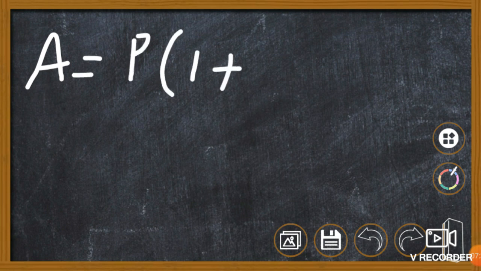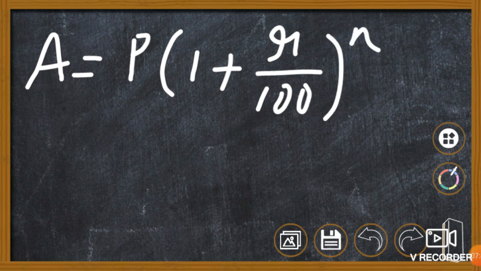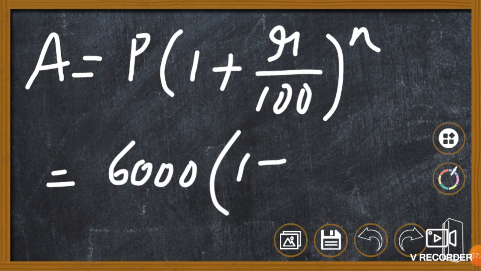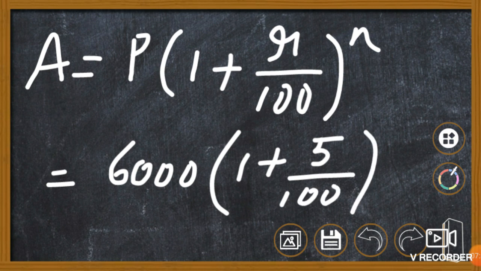Use the formula amount is equal to P into 1 plus R by 100 to the power N. That is 6,000 into 1 plus 5 by 100 whole to the power 2.